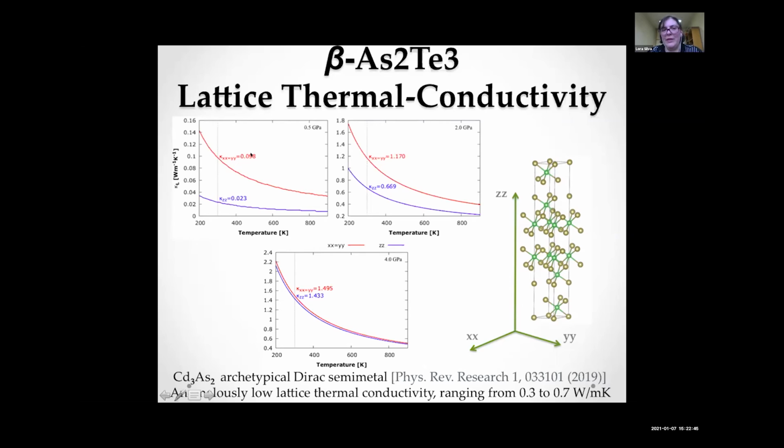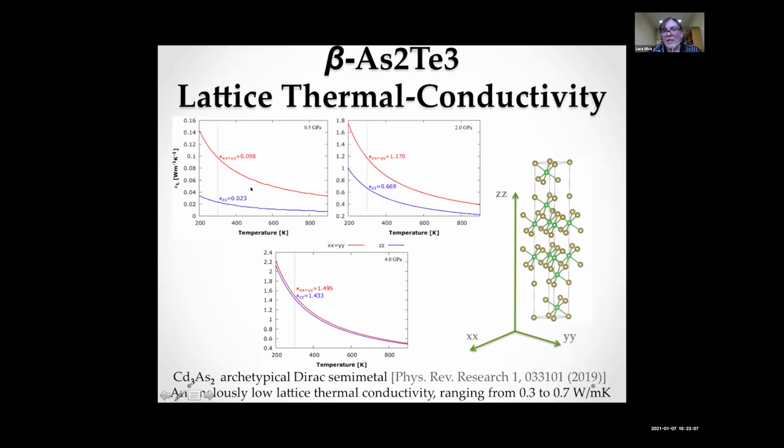So 0.098 and along the layered direction, which is the Z, it's even lower, but that's normal to see because if you have a layered material, the thermal conductivity will be lower in that direction.